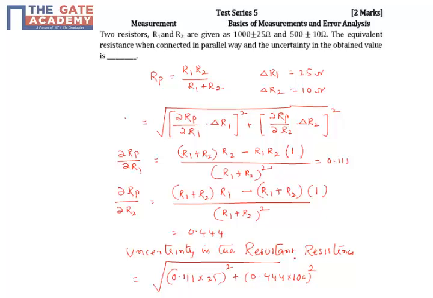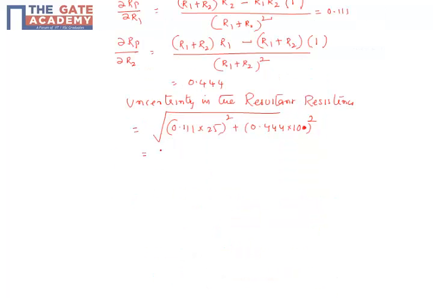Sorry, this is 10. So this is equal to, you'll get 5.24 ohms. Since root is there, you will get plus or minus 5.24 ohms.